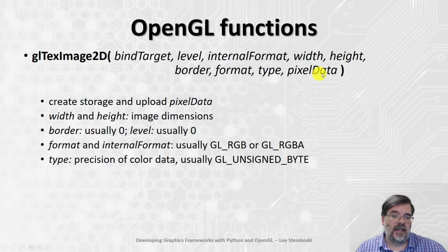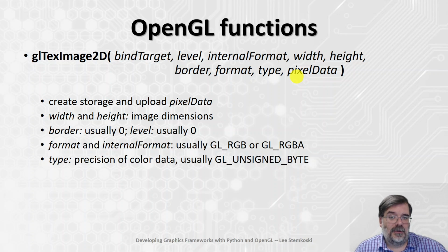It's pixel data. Now in Python, there's an object called a surface, which is used to store images. Technically, that's in Pygame. But the Pygame library contains a function which can take a surface object, which stores images in Pygame, and convert that to a string buffer, which we can then upload to pixel data. We'll see how that works a little bit later.